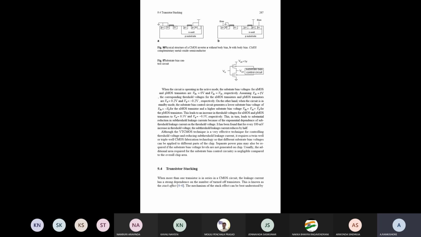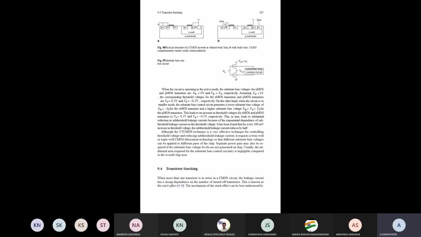Even though the circuit is in standby mode, we have to reduce the subthreshold leakage current, which will reduce its power dissipation by half. So we have to control the leakage power dissipation.